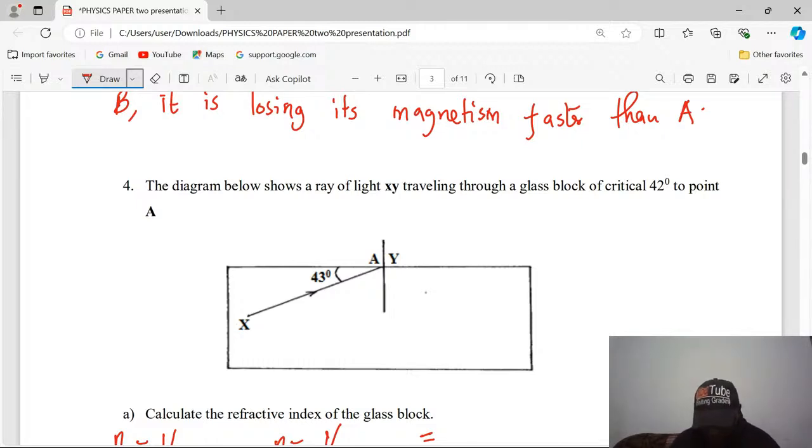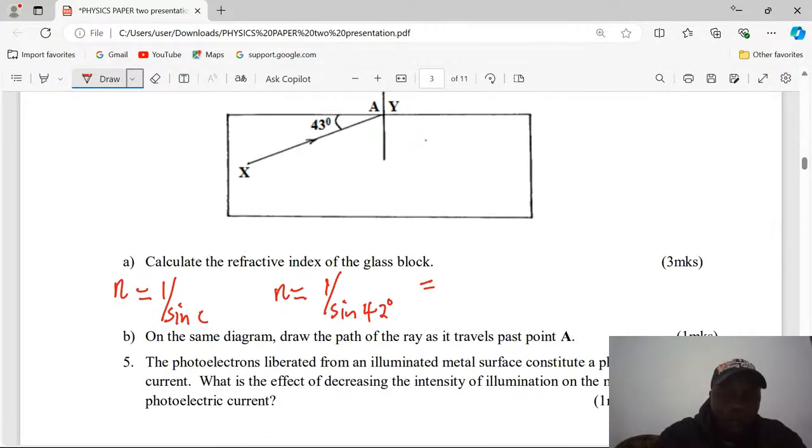So 1 divided by the sine of 42 is exactly 1.49. Refractive index is a ratio, and so we don't expect SI units for that. Just be aware of that.